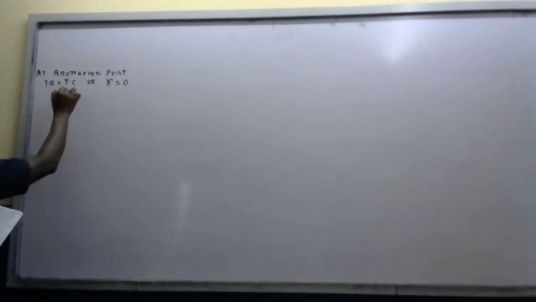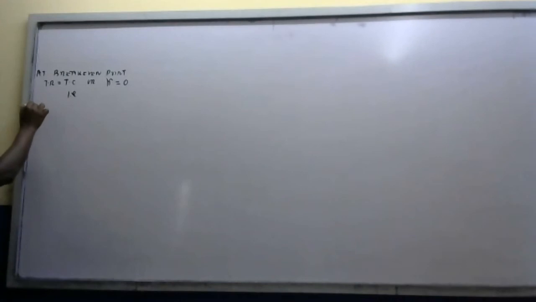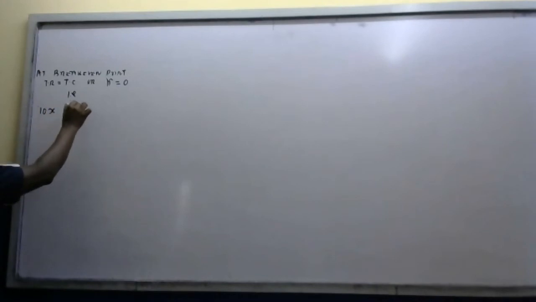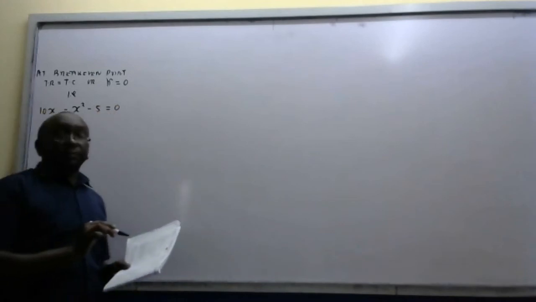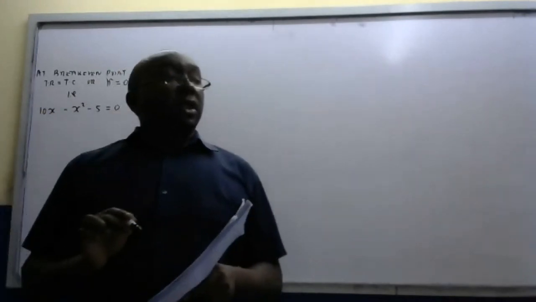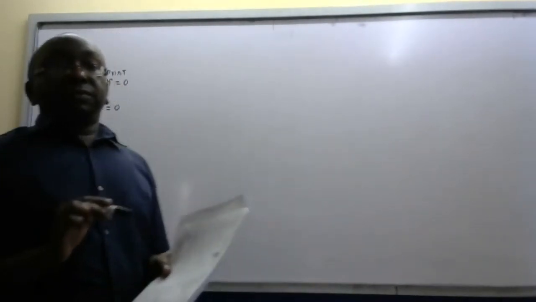That is pi, that is 10x minus x squared minus 5 is equal to 0. Once again, this is a quadratic function.